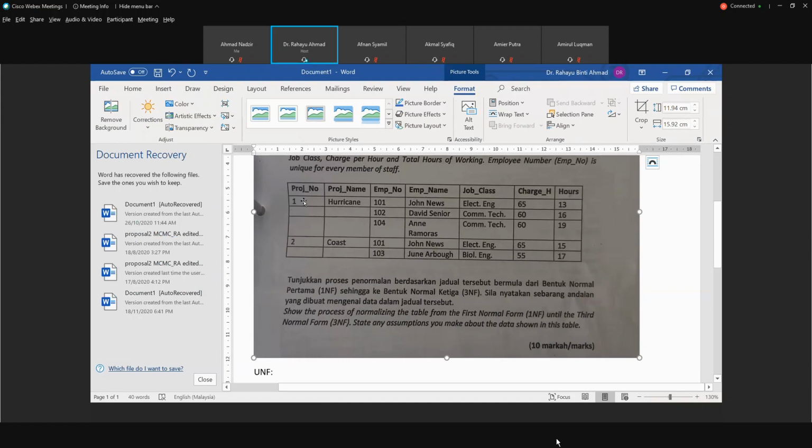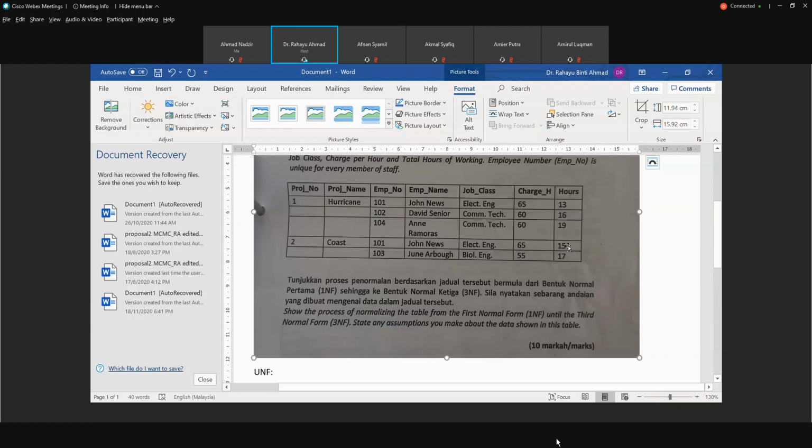Okay, so what you know is the project number and employee number determine the hours. Sebab kalau you tahu employee number saja, you will not get the correct hours because employee number 101 here dia kerja 13 hours. Kat sini kalau you tahu 101 dia kerja 15.